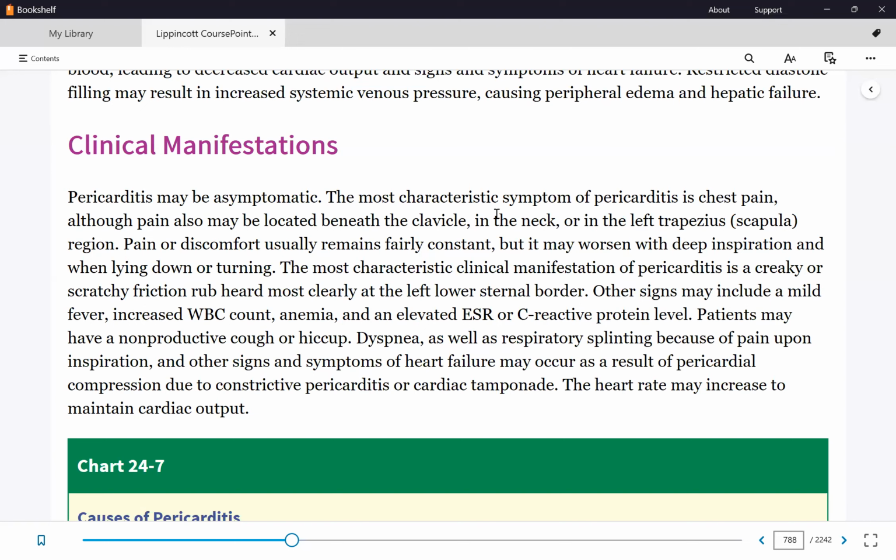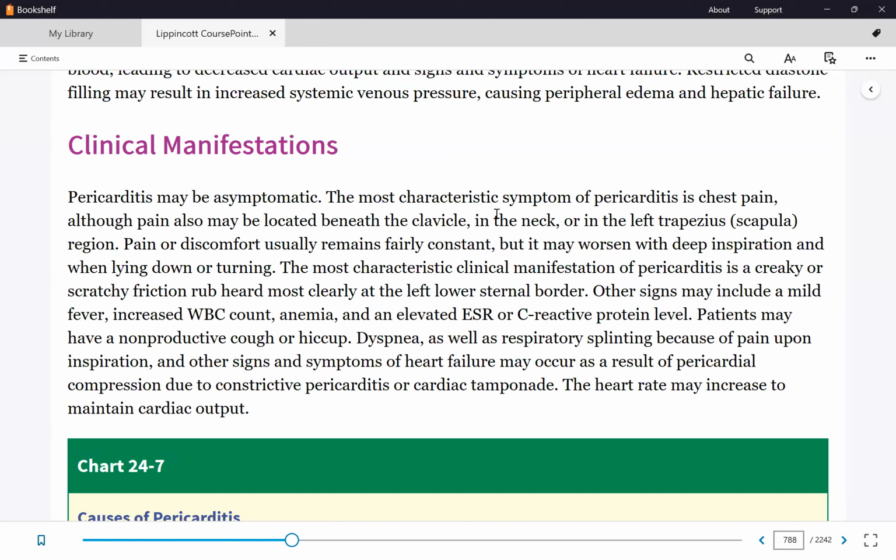They are not. Are we clear? So pericarditis itself, is it life-threatening? No. What will be life-threatening? Cardiac tamponade will be life-threatening. Okay. But are they at risk for cardiac tamponade? Yes, every pericarditis patient must be monitored for cardiac tamponade.